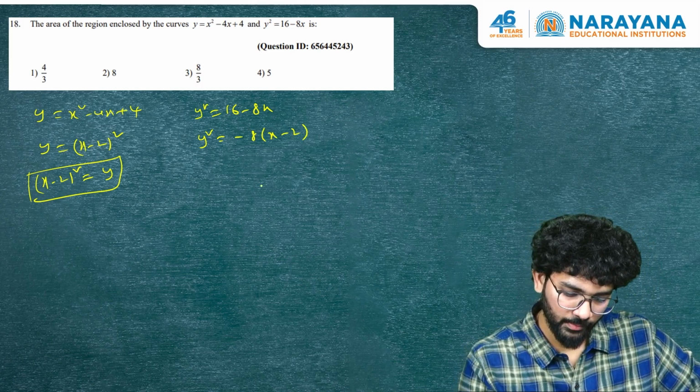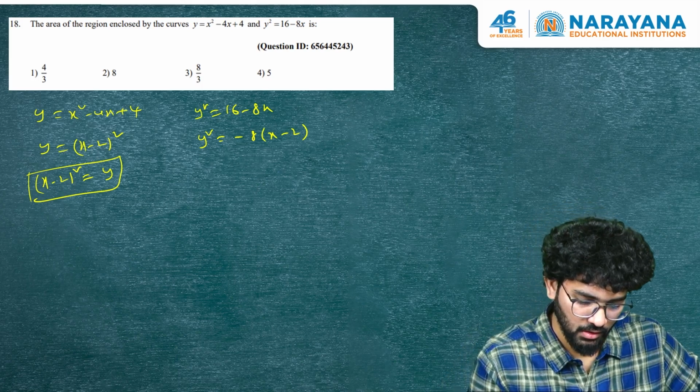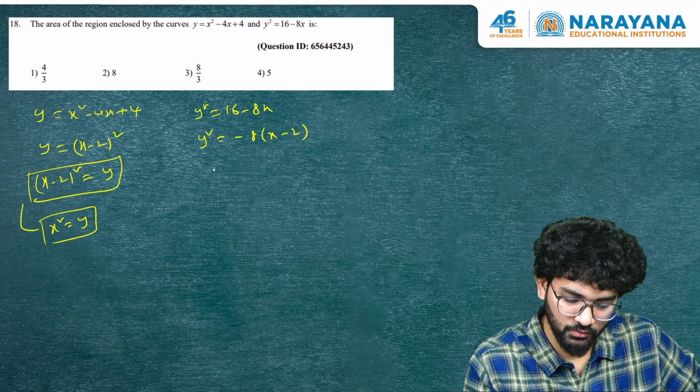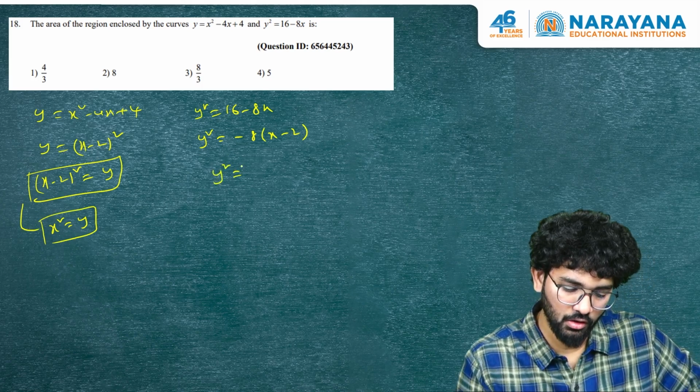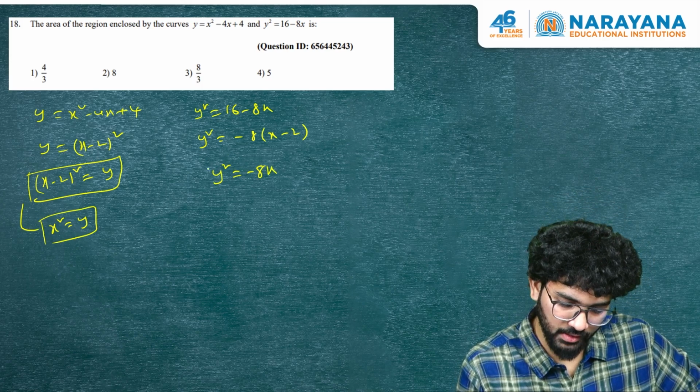If I shift the parabolas to the origin, I can consider this as x square equal to y, because areas will not change. I am shifting the origin to 2 comma 0, then the other will be y square equal to minus 8x.